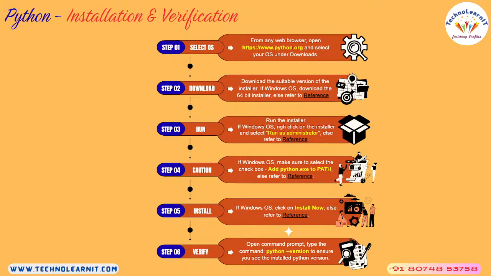This allows us to run Python from any command prompt from anywhere because the Python executable path is included in your system path. Step 5. You need to just click on the install now button to install the software once you select add python.exe to path.